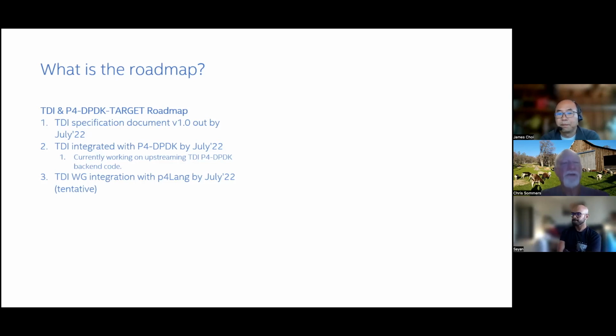Golang is becoming pretty popular, and a lot of people are using it more and more in SDN type applications. Have you ever considered providing an idiomatic Golang API for TDI? I can take that. So currently only C and C++ are the present front ends natively. There is no current plan for Golang or Rust as a native API, but we will definitely be open to future developments in those languages.